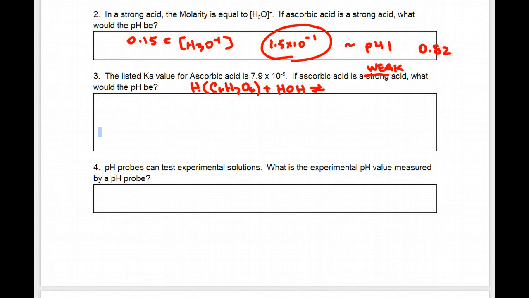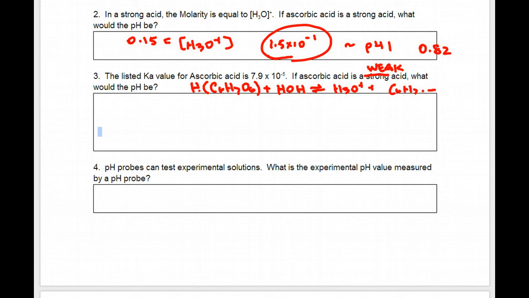You have to remember that we have to write our own reaction because now we're trying to calculate the pH of it. We're not going based off the reaction that's at the top of the page. So if it's reacting with water, that plus water would give you H3O+ plus that anion, which is C6H7O6-.